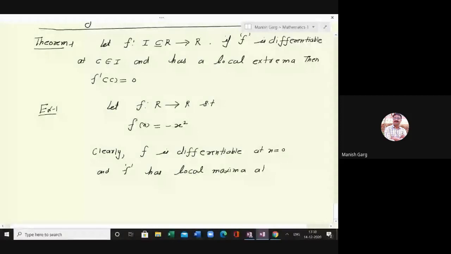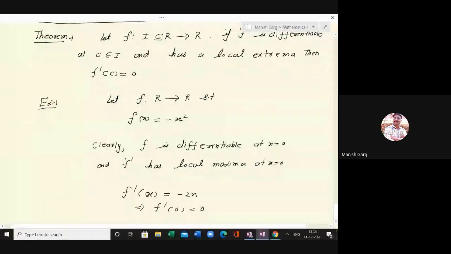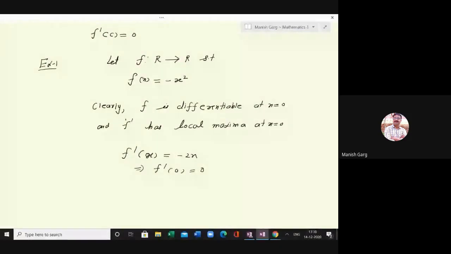You are confirmed. Then f dash x is minus twice x, so f dash at 0 will be 0. Here you have confirmed that it has a maximum because the maximum value of minus x square will be 0.